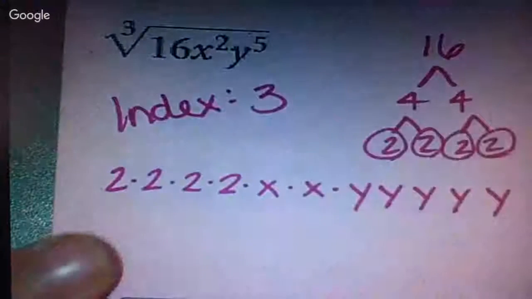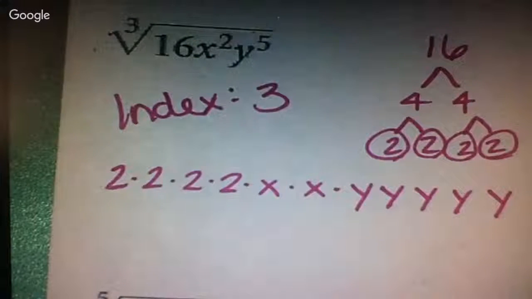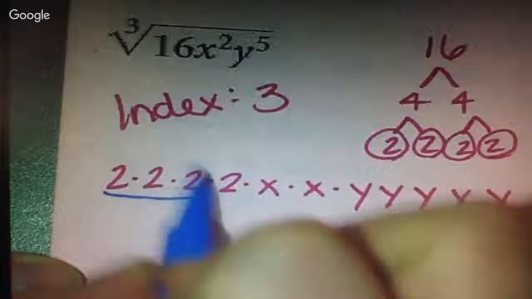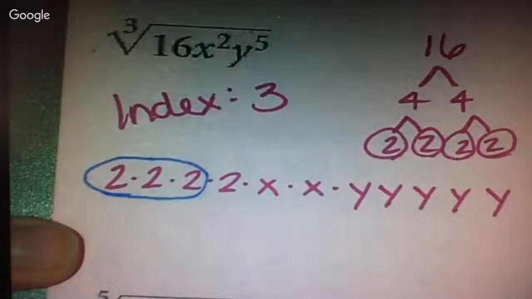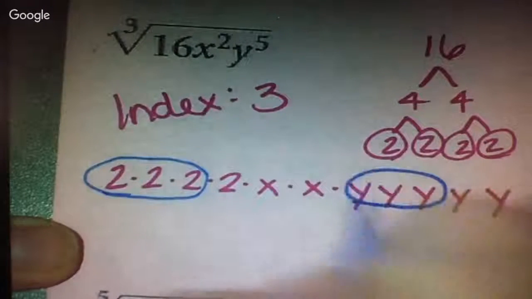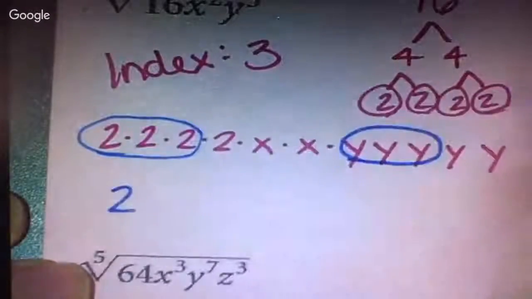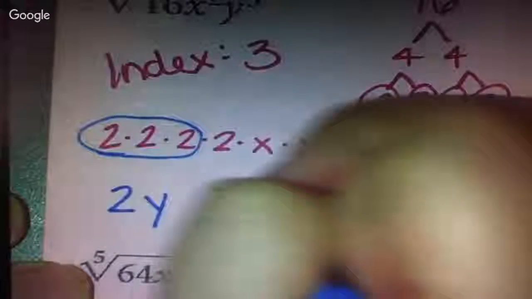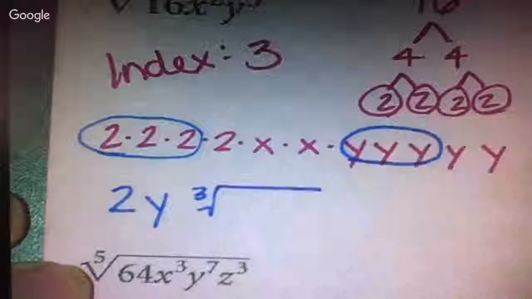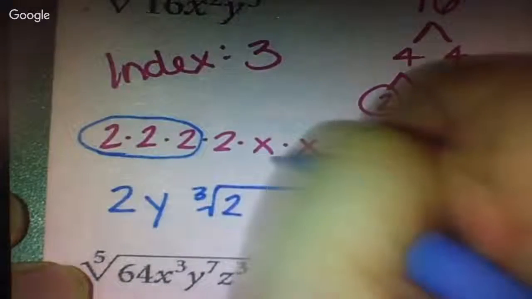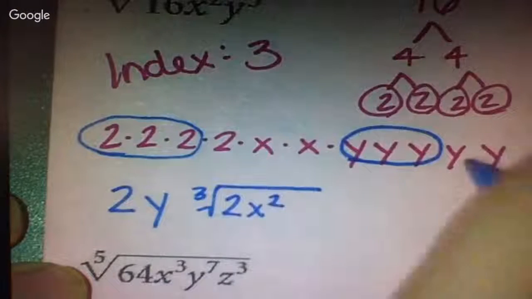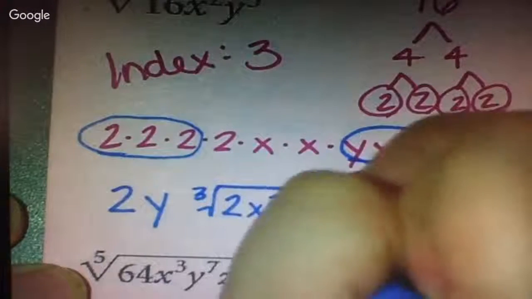My index is 3, so we're grouping in 3s. I've got a set of 2s and a set of y's. So 2 comes out front, y comes out front. Back underneath the cubed root goes 2, and this is x squared, and 2 y's left over makes this y squared.